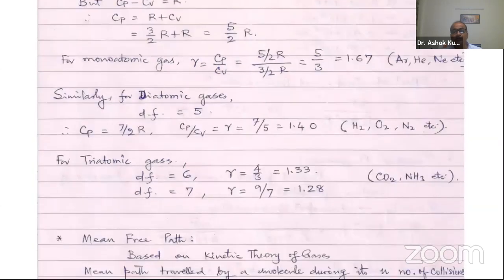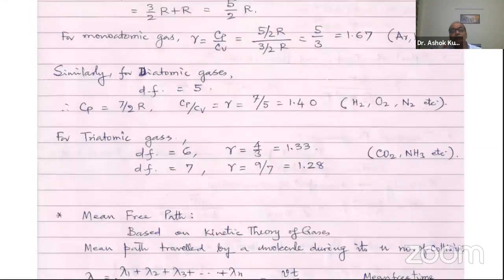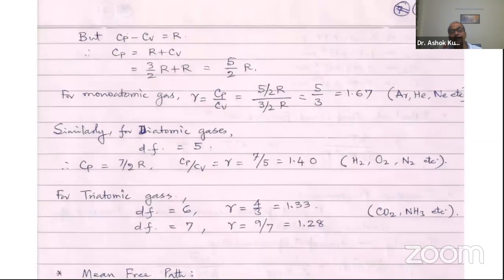So this conceptual question could be asked. Now we come again to the kinetic aspect. In the kinetic aspect, this is all about the classical. So we can say that the theoretical basis which we assume is correct to a great extent. Of course, the law of equipartition of energy and the concept of degree of freedom deviate when applied at very high temperature.